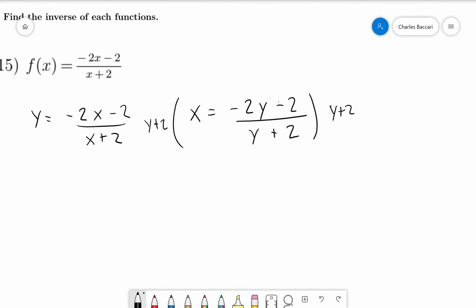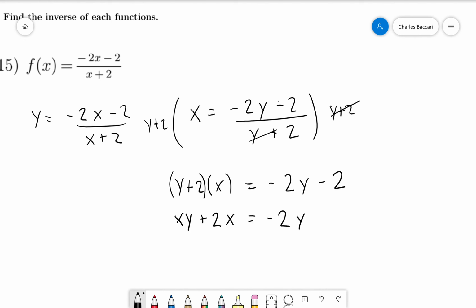Okay, so this is going to be y plus 2 times x is equal to negative 2y minus 2, because these ones will cancel. Okay, so far so good. Then let's distribute the x. We have xy plus 2x is equal to negative 2y minus 2.